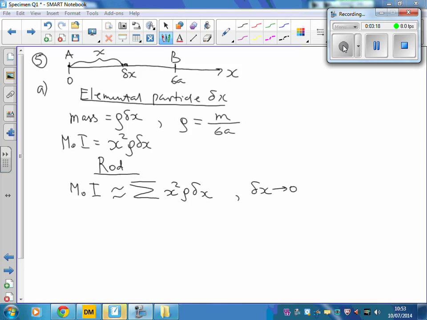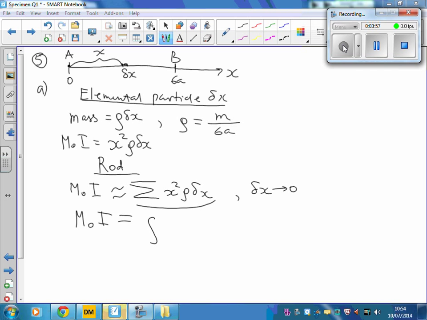So when delta x is approaching 0, on the one hand, that makes our approximation much more accurate, and we can put an equal sign between the moment of inertia of the whole rod, the actual moment of inertia, and this sum.